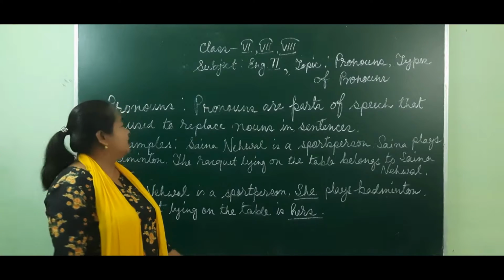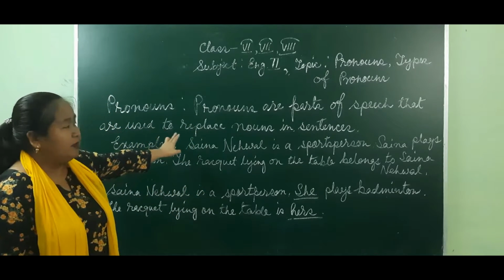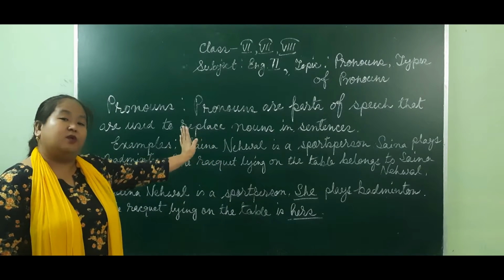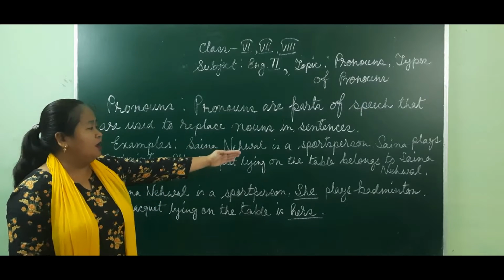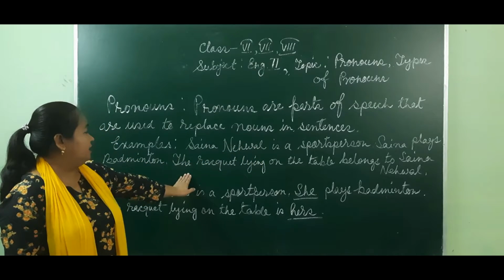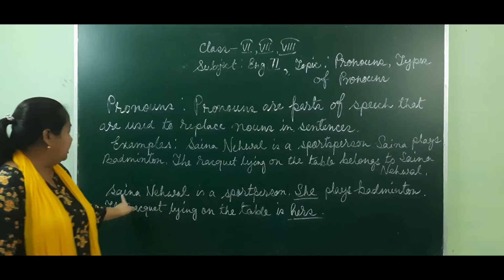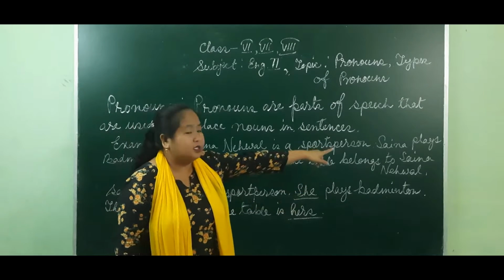What are pronouns? Pronouns are parts of speech that are used to replace nouns in sentences. We've already learned that, right? Pronouns are words that we use in place of a noun. Examples: Saina Nehwal is a sports person. Saina plays badminton. The racket lying on the table belongs to Saina Nehwal. Now you see that here, Saina Nehwal is a sports person, and she is in place of Saina.